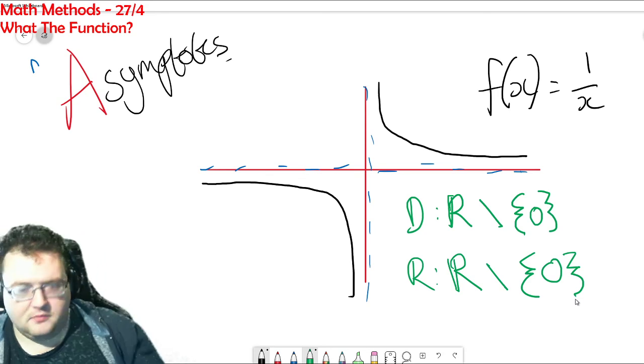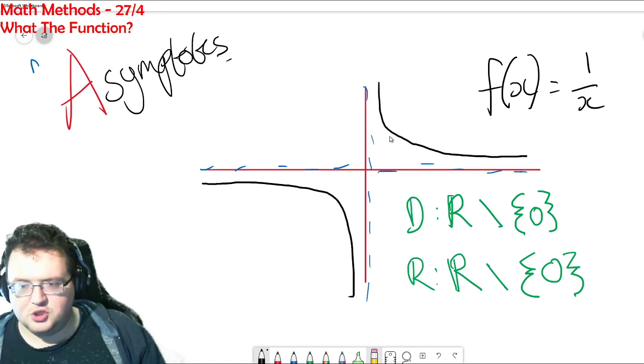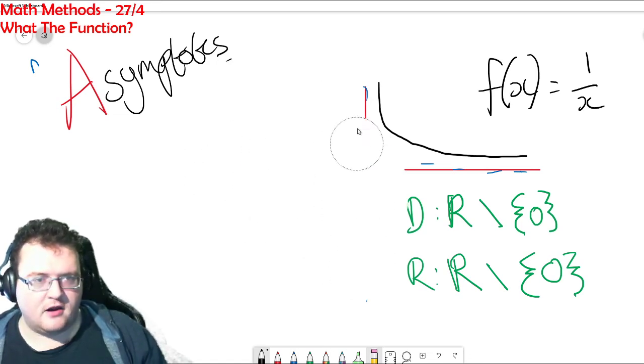All right. Murali has given me a question: 2 root x plus 1. Fair enough question.